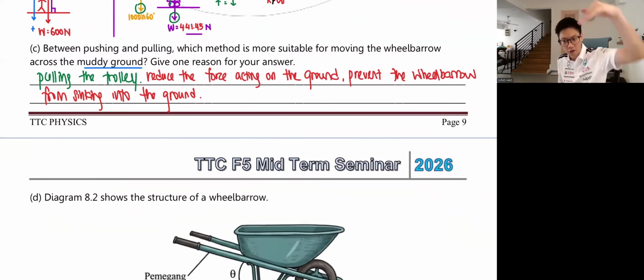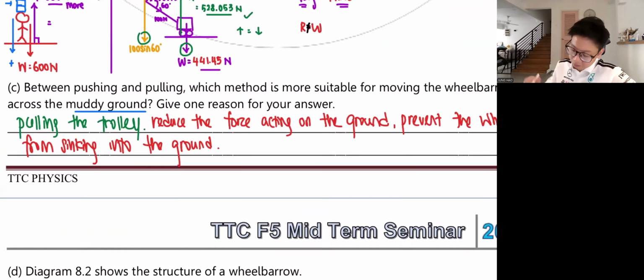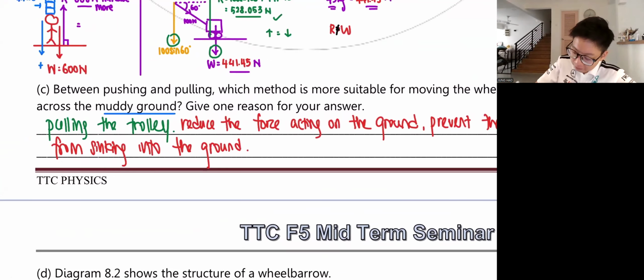If it sinks into the floor and you push, you will go in like a submarine. Is there any equation that can help with pushing or pulling better? Very simple. You want to have lesser downward force, you don't want all the force to go down.